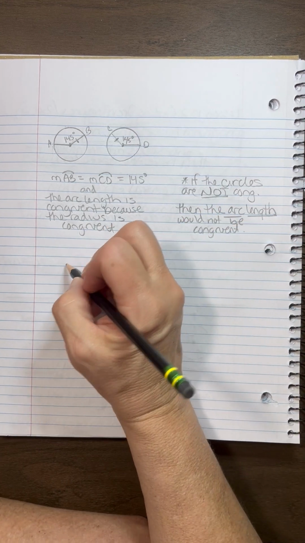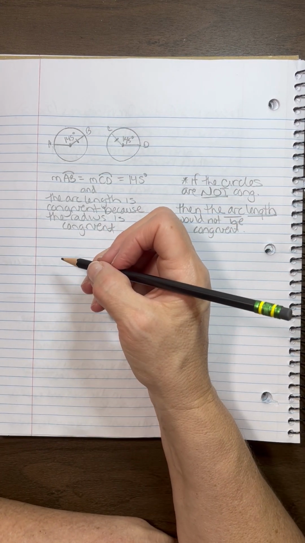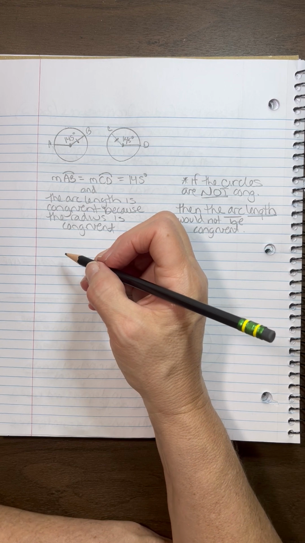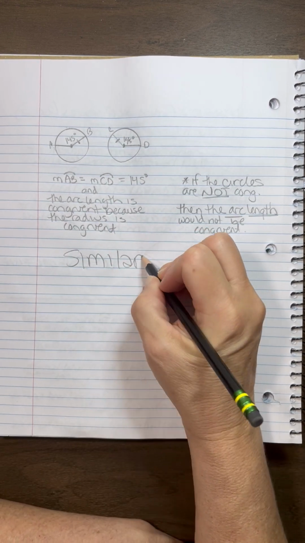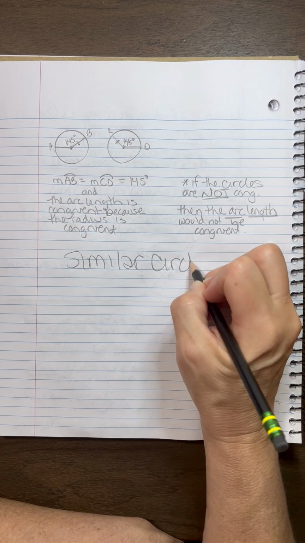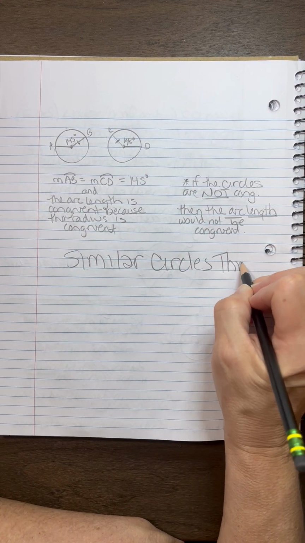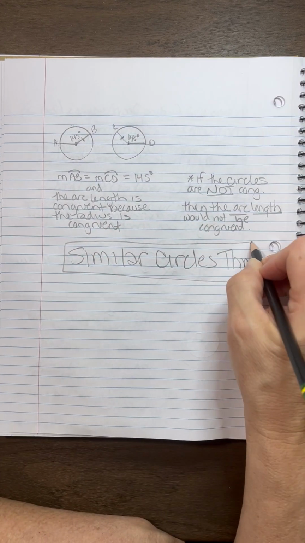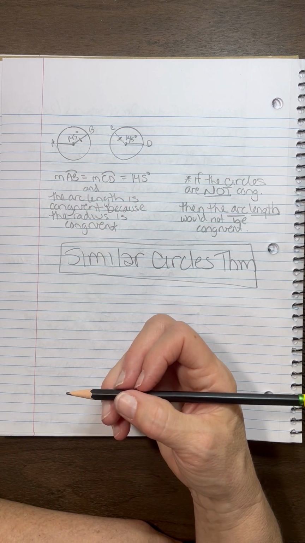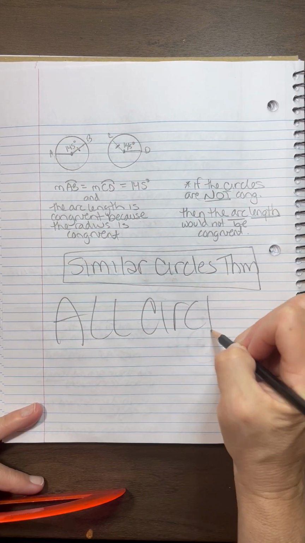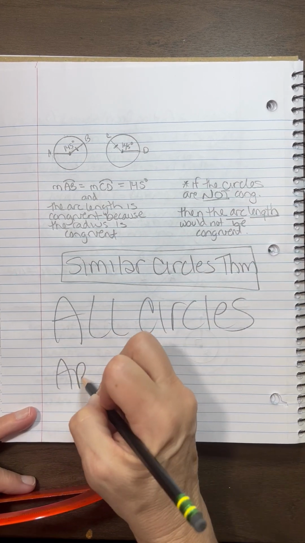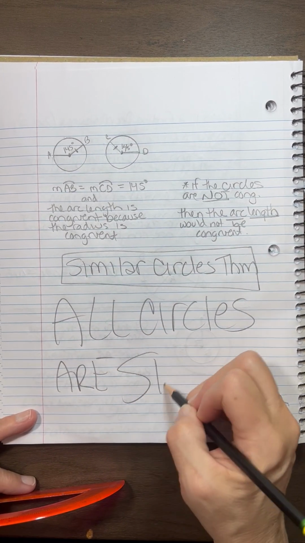Okay, we're going to use the rest of the page for this next thing because I need you to remember this. The similar circles theorem. Everybody ready? All circles are similar.